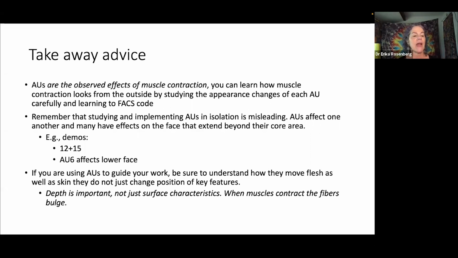And apropos of the examples I was just sharing, if you're using AUs to guide your work, be sure that you really understand how they work, how they move flesh as well as skin, how they don't just change the position of features, and how you need to use the whole muscle. I was going to show you some stuff with Ziva, but we ran out of time.